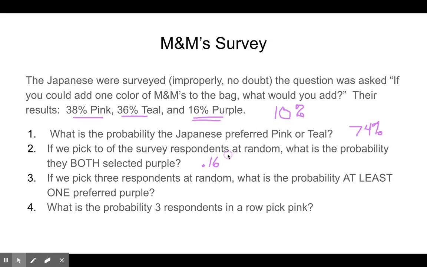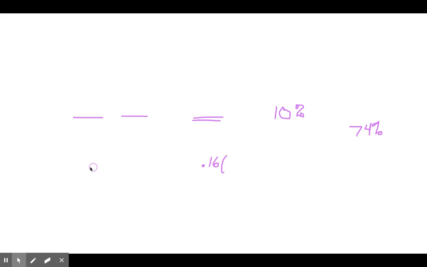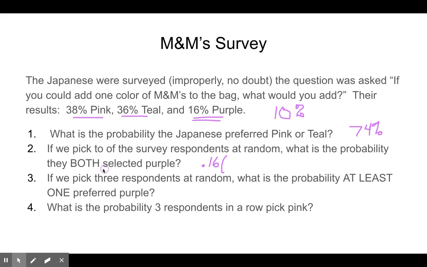It doesn't change. And these are both happening at the same time, so I can multiply, because this is an and situation, right? So when I say both, I mean this first person and the second person. So this is multiplication, and you have to multiply those together. And what do we get? We get 0.0256.